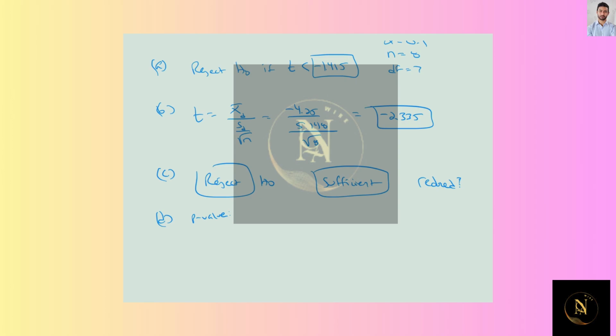And being one-tailed. And that is 0.0261 to 4 places, which is less than our significance of 0.1, which would also lead to rejecting the null hypothesis.